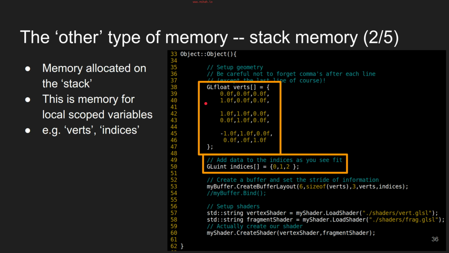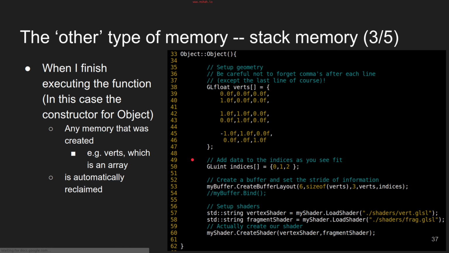It's the same thing with indices here. This is how we've been creating things previously. And this goes away automatically, so it's not managed by us. Sometimes we might want these things to stay around longer, and that's where we need to use heap memory. Sometimes we don't, and that's also okay.